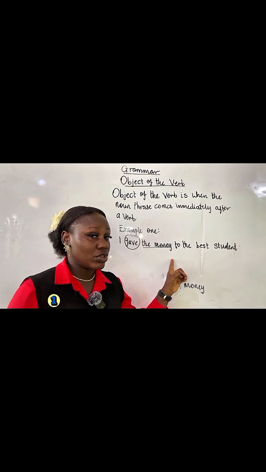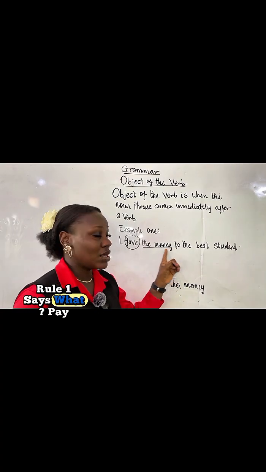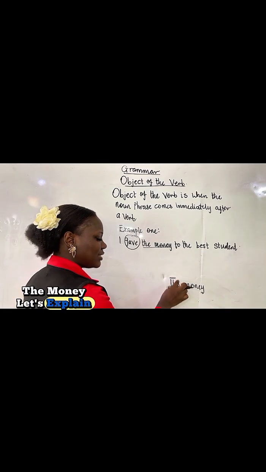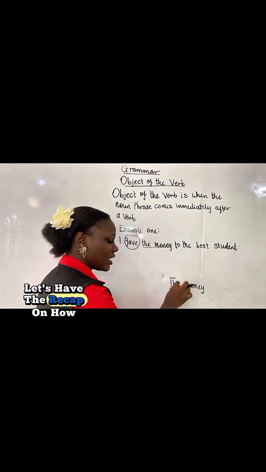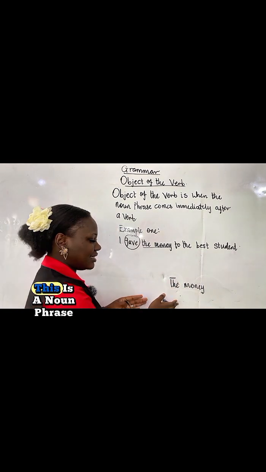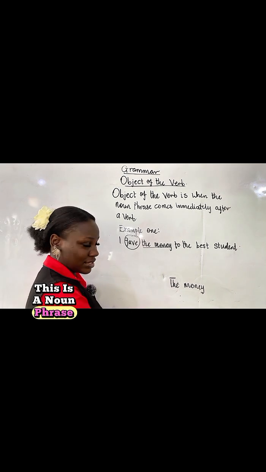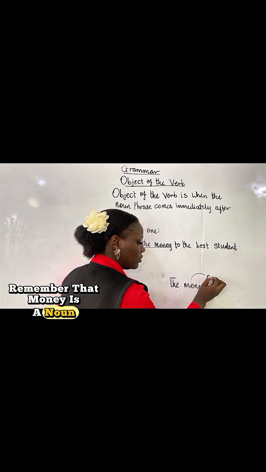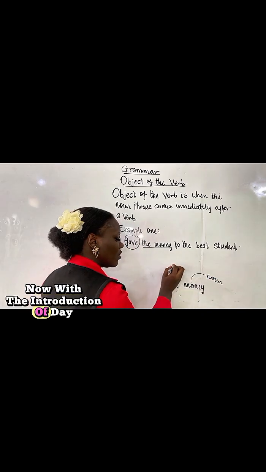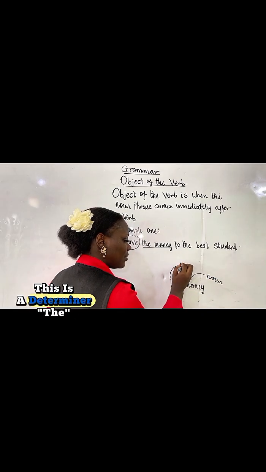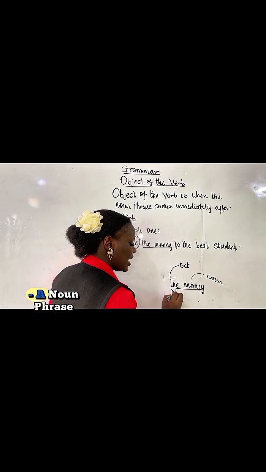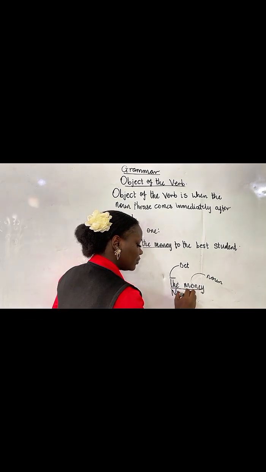Remember your rule 1. Rule 1 says what? Pay attention to the line. The money. Let's have the recap on how this is a noun phrase. Remember that money is a noun. Now, with the introduction of the, this is a determiner, and this makes this expression what? A noun phrase.